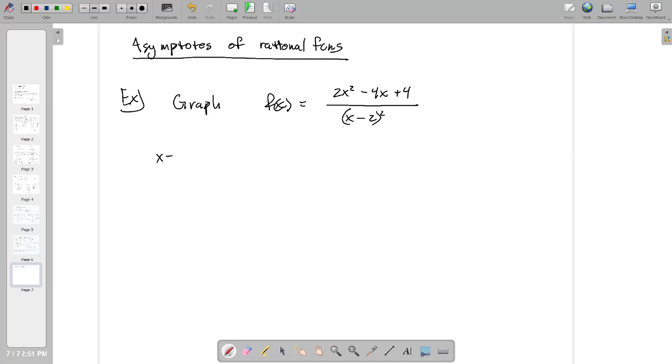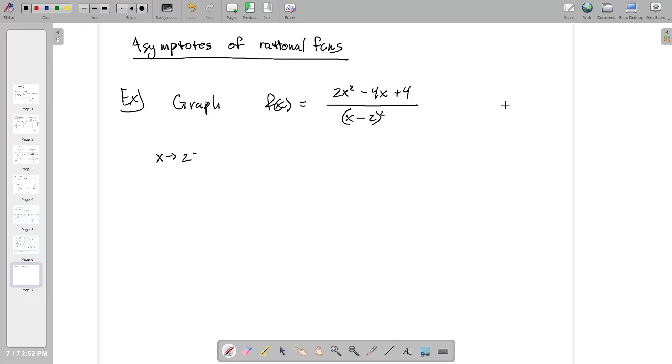Start at x is going to 2 from the left. Now, as x goes to 2 from the left, what is happening to our y value? Well, if we plug in 2 from the left, because remember, we're getting really close to 2, but we won't be at 2. Now, because we're getting so close to 2, we can essentially just plug it into the numerator, because the numerator is not undefined at 2.